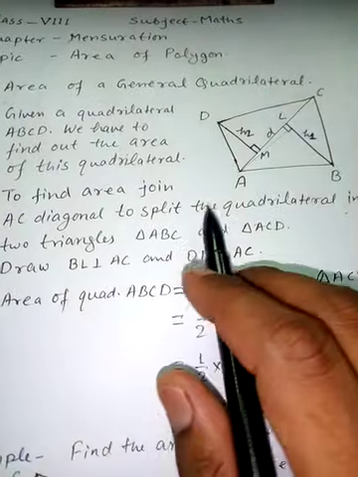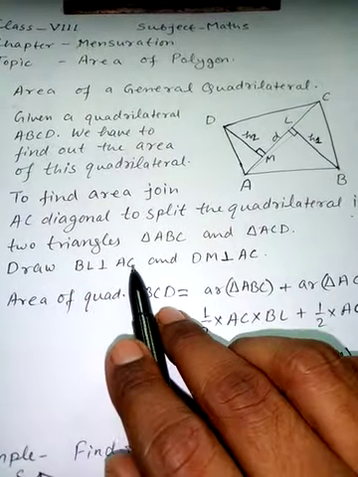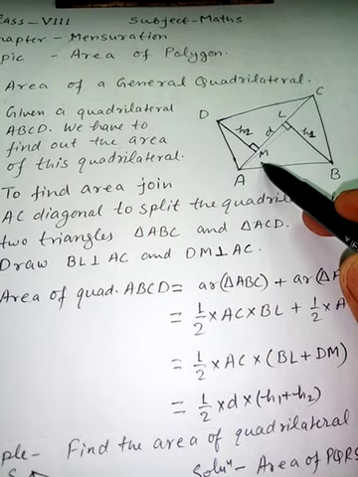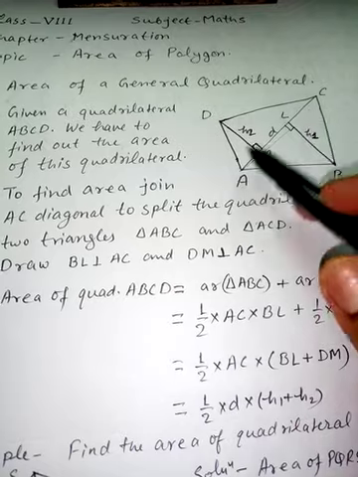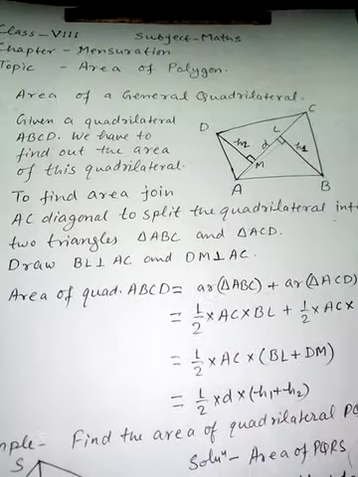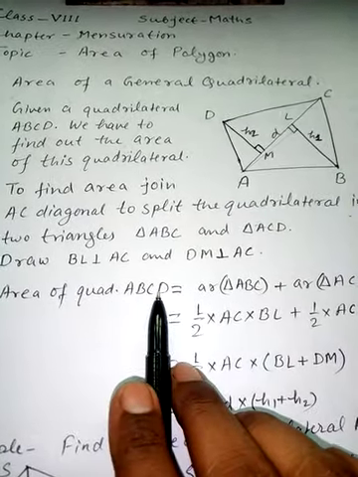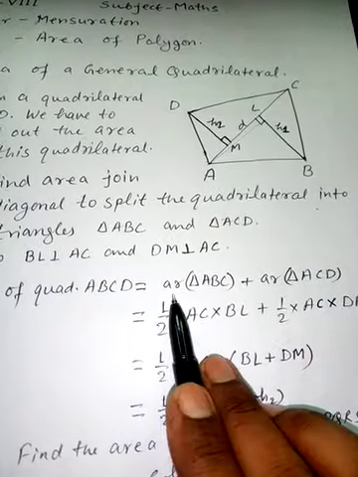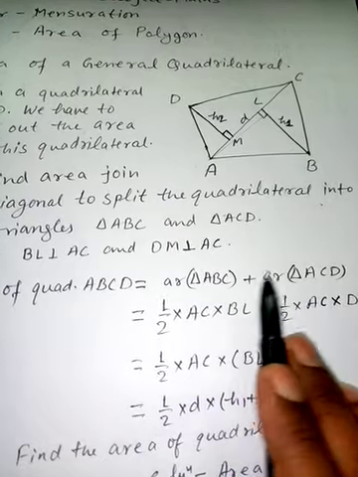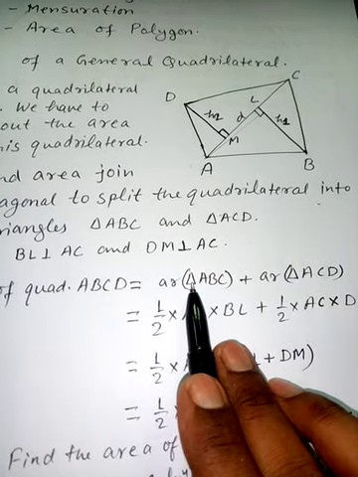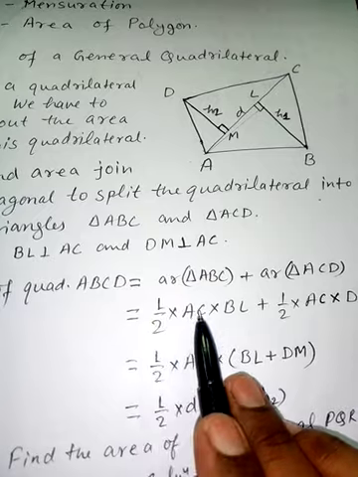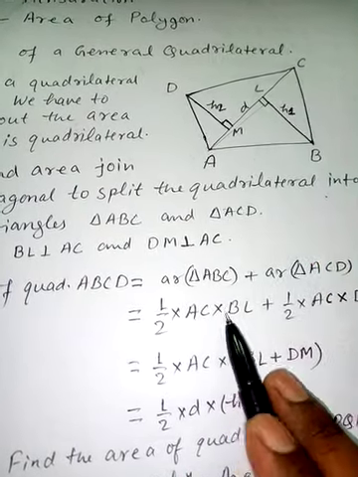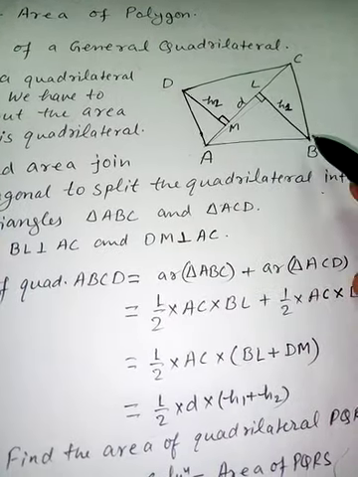Now draw BL perpendicular to AC and DM perpendicular to AC, the same diagonal. To find the area of quadrilateral ABCD, we find the area of triangle ABC and ACD and then add. The area of triangle ABC is 1 by 2 into base into height. Base is AC and height is BL.